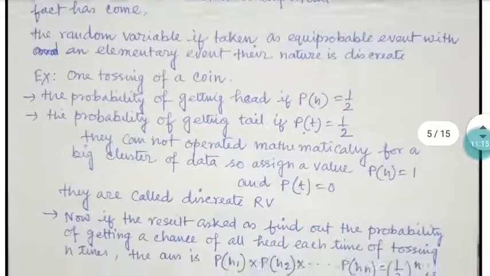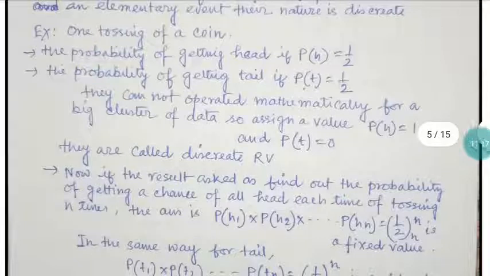Now, if the question asks us to find the probability of getting all heads each time when tossing n times, the answer is P(H1) times P(H2) times P(H3) and P(H4). In this way, (1/2)^n is a fixed value.